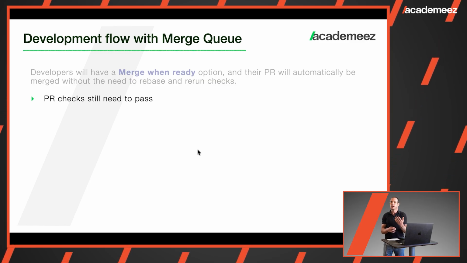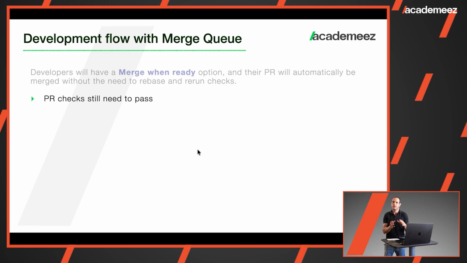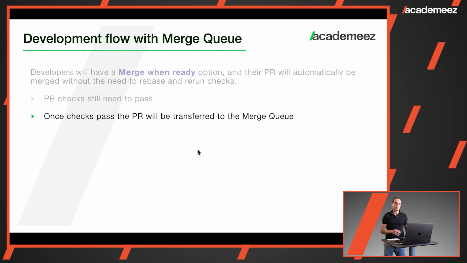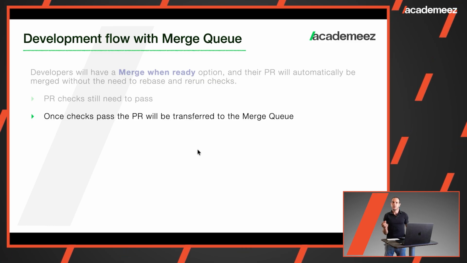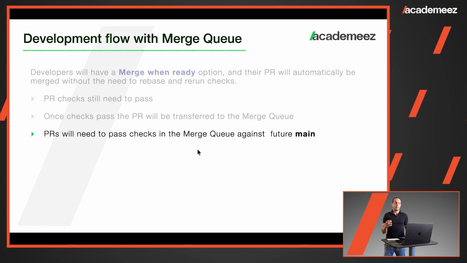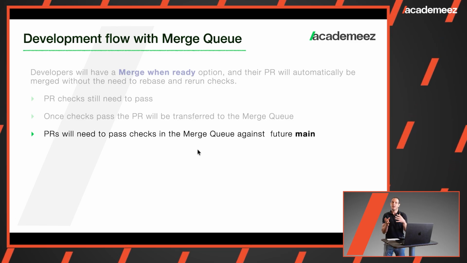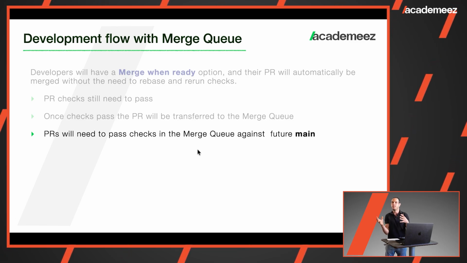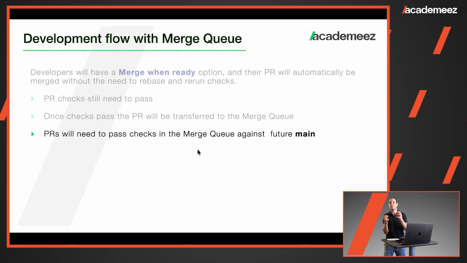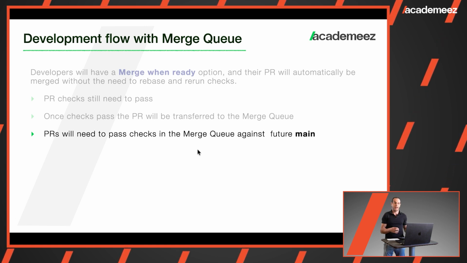So the checks themselves still need to pass, whether it's on your pull request page or in the merge queue as well. Once checks pass in the pull request, your pull request will be transferred to the merge queue. The PRs need to pass the checks in the merge queue again, but this time they might be a bit different because they might be rebased with the latest main, plus other PRs will be added ahead of them.